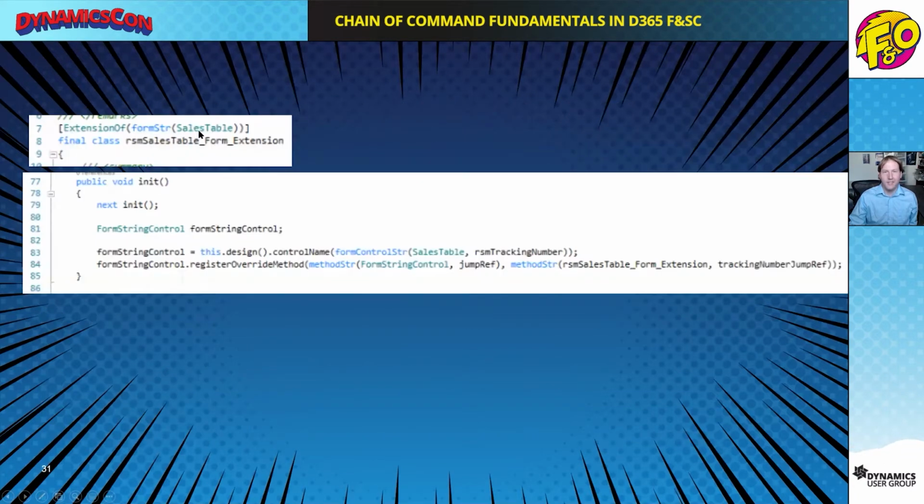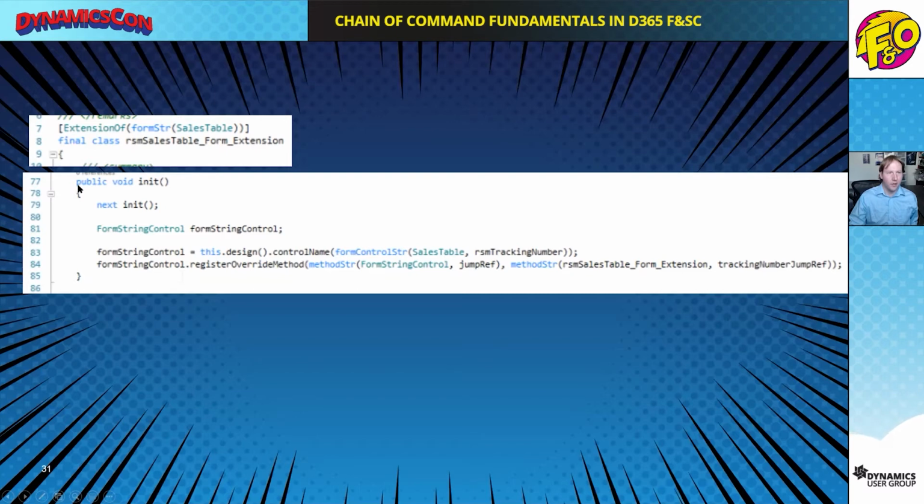We want to extend the SalesTable form, probably one of the most common things to extend. We've got a chain of command extension of formStr. We tell it the name of the form. Final class, in this case I've got a prefix to help me know that it's a customization. SalesTable underscore Form underscore Extension. Have to have this underscore Extension.